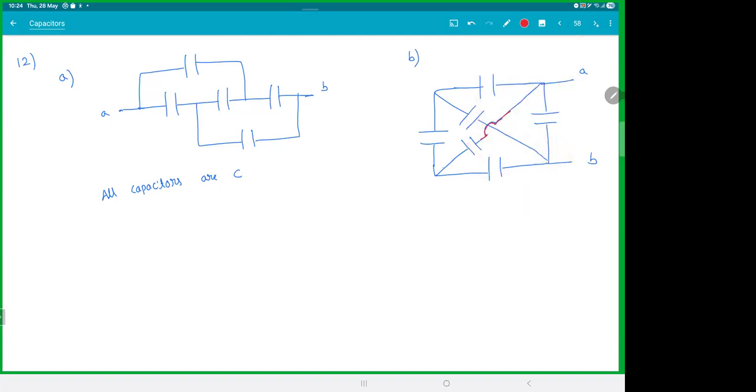I did this curve, isn't it? So the curve meaning it is jumping over the wire. They're not touching each other. Find C equivalent. Right, Samya. Get this thing. Let's see how you handle this.